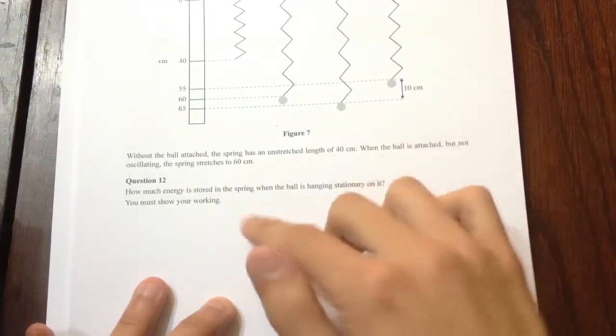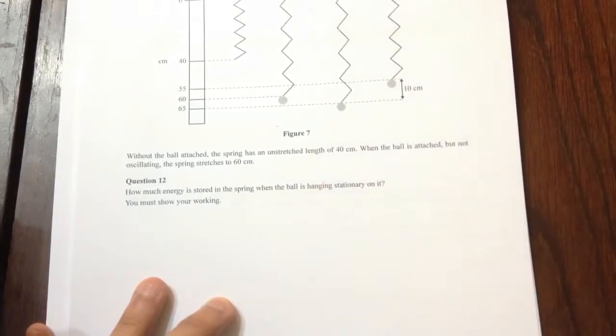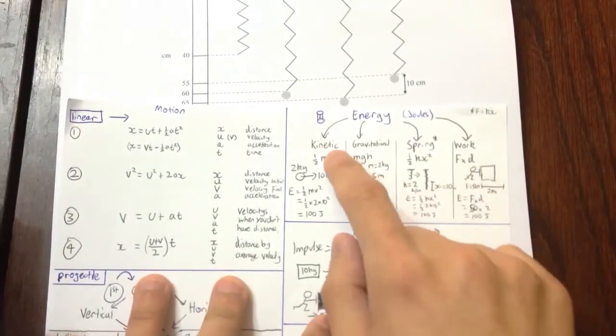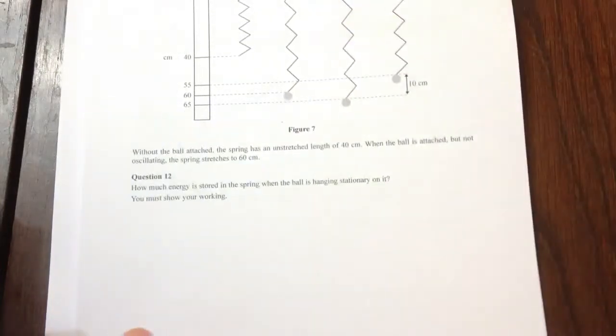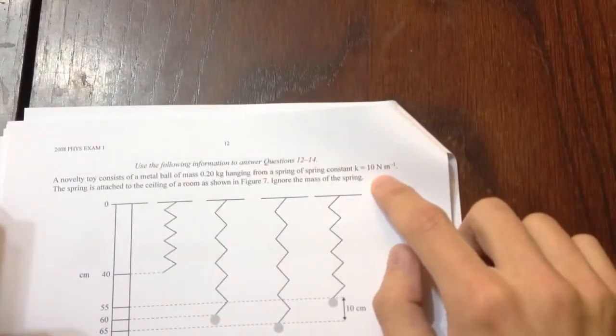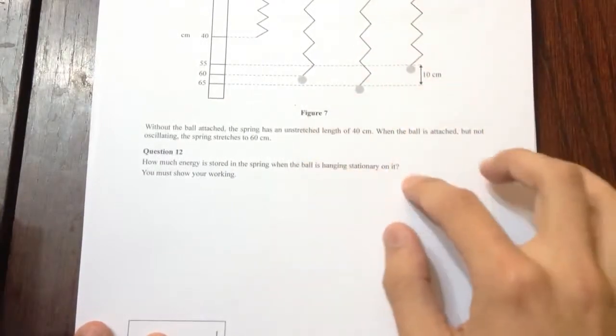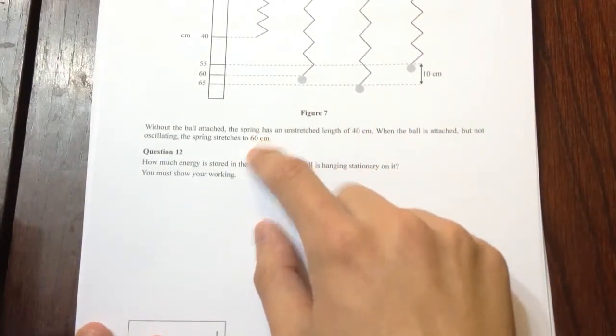Okay, so we use half kx squared here, because that's the energy of the spring. So if we want to convert energy backwards and forwards here, half kx squared is the energy of a spring. We know k is 10 newtons per meter. And we know x is, well, since it's usually 40 centimeters, now it's 60 centimeters.